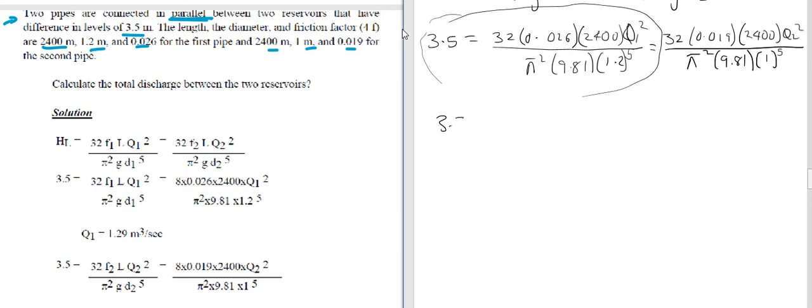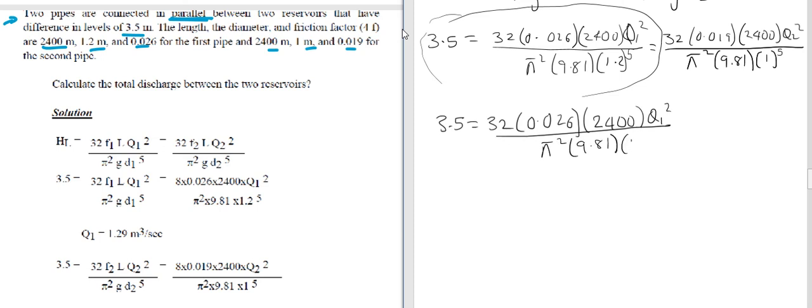So now 3.5 will be equal to 32 into bracket 0.026 into bracket 2400 Q1 square over pi square 9.81 1.2 raised to the power 5.